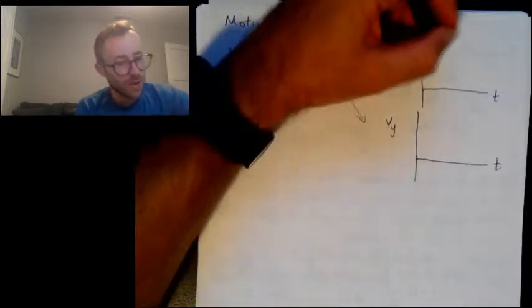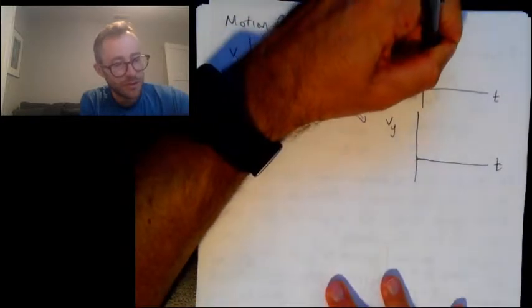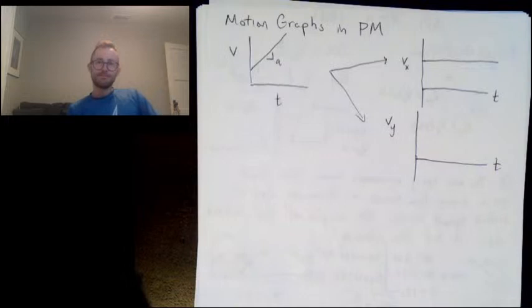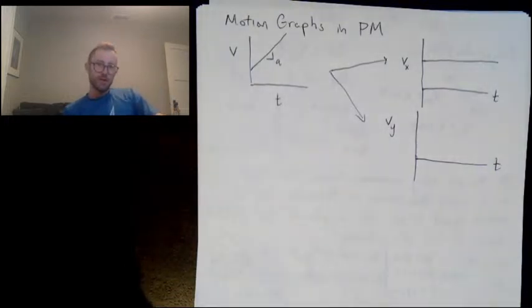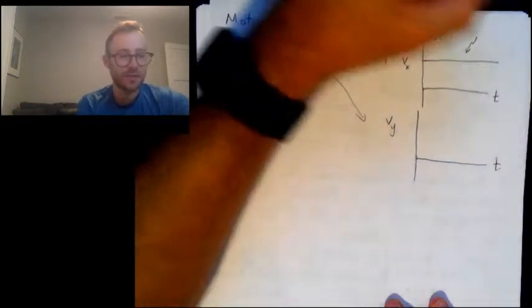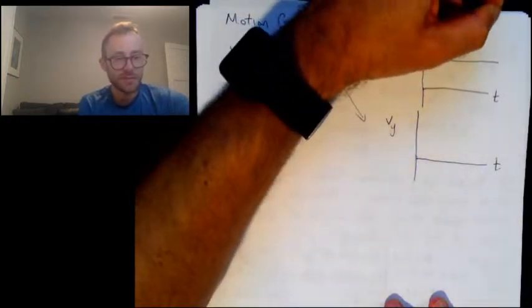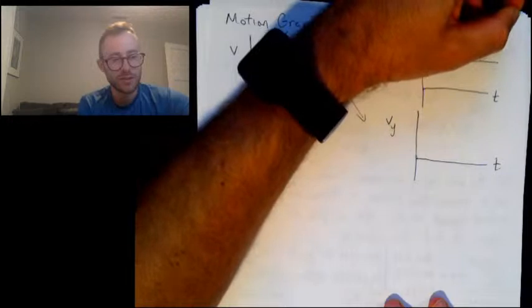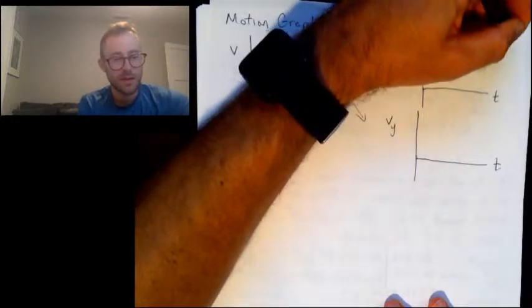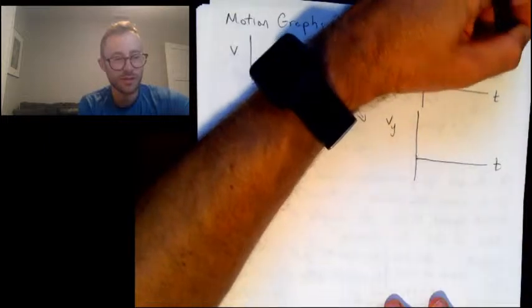Well, the x velocity time graph is actually going to be constant. Okay, why is that? This is a flat graph because gravity doesn't cause a horizontal acceleration.